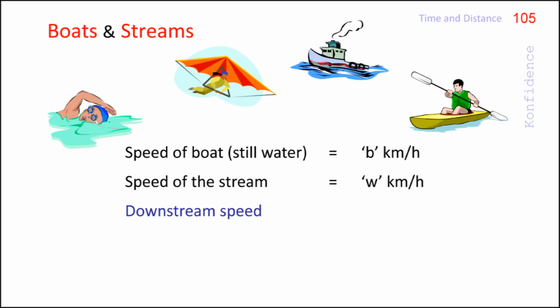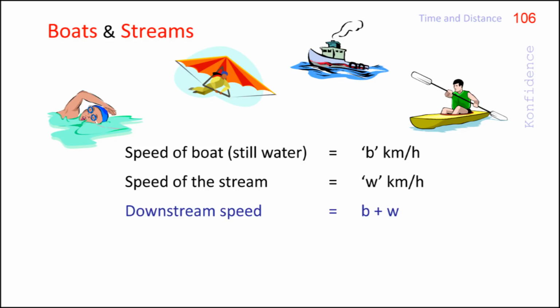So the direction of natural flow of the stream or river is the downstream direction. When the boat travels in downstream direction, the flow of water supports the normal speed of the boat. So the net downward speed or downstream speed will be equal to speed of the boat in still water plus speed of the river, that is b plus w.